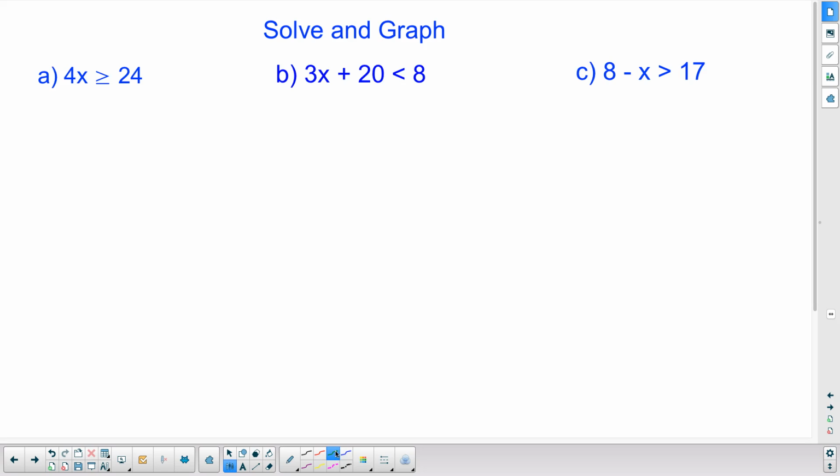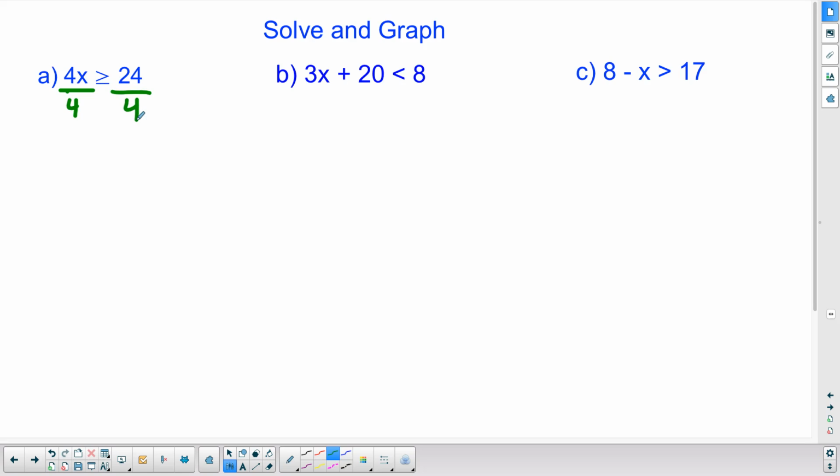And just like with the equations, it doesn't matter which side I put that stuff on. Okay? Because I got a brain in between my ears that's going to allow me to make the graph based off of that. Okay? Right? So then I'm going to divide. In this case, I want to get my x by itself, so I'm going to divide by 4.